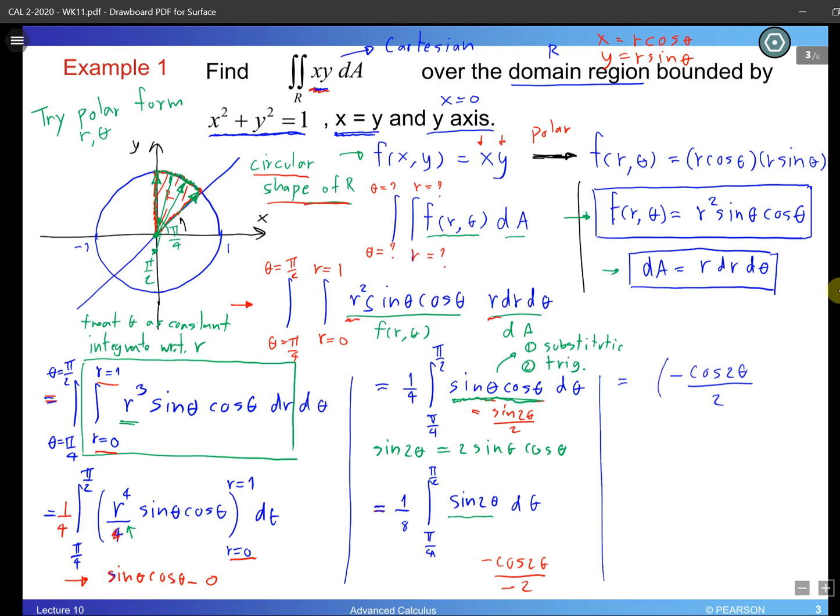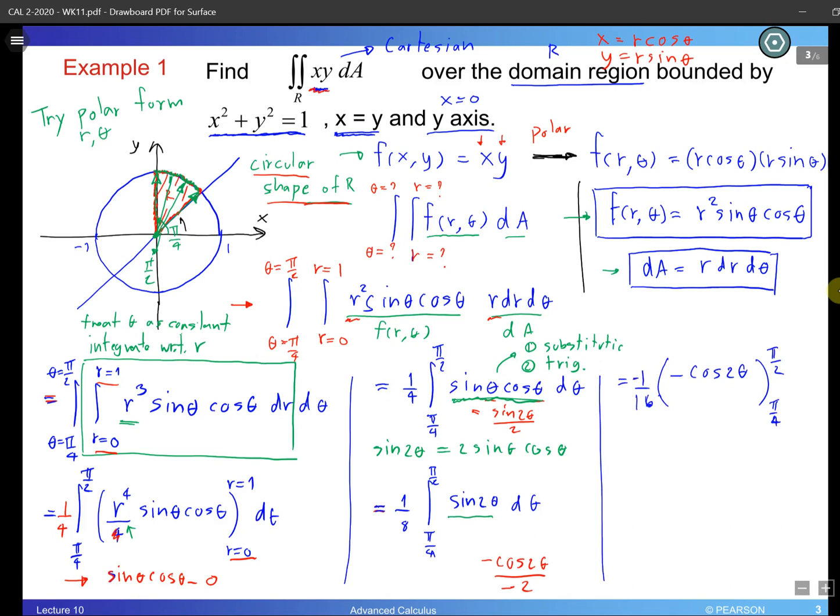So you are supposed to evaluate this at two values of theta, pi over 2 and pi over 4, and we still have this 1 over 8 right here. Since we have this 2, I am going to take it outside to make it 16: 1 over 16, and I'm going to take the minus sign outside too.